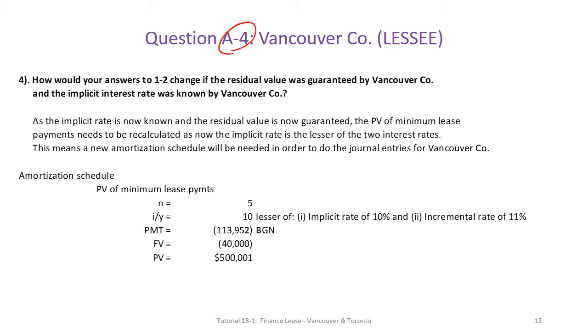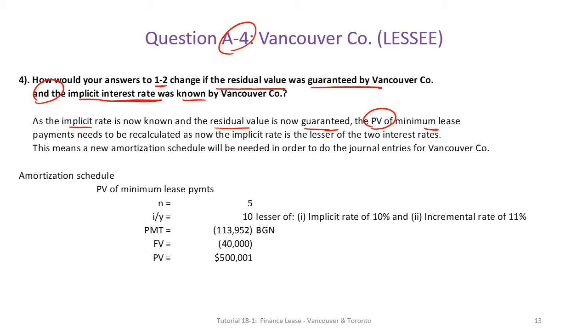Okay, so now we look at requirement 4 and see how all of this changes if the residual was guaranteed by the lessee. So this is a different situation, and we're saying that the implicit rate is known. Okay, so because the implicit rate's known and the residual value is guaranteed, then we calculate the PV of the lease payments.